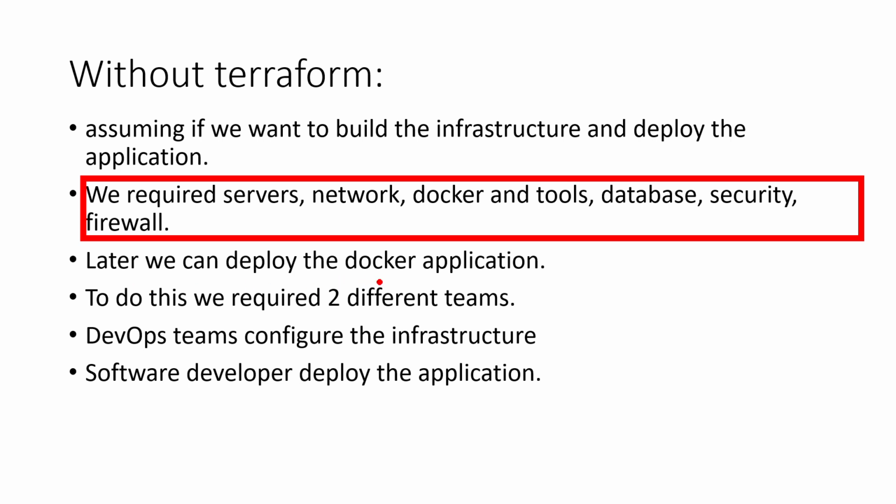So later we can deploy the application in our Docker application. To do this we require two different teams. One is the DevOps team for configuring the infrastructure, and the software developer for deploying the application.